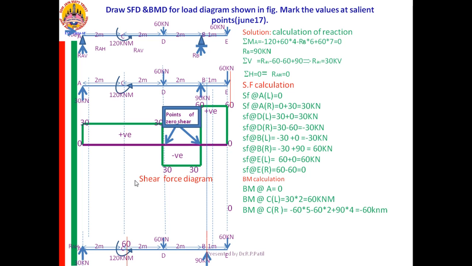Got it? Therefore, on the left of C, you are having two forces: one is the 30 kilonewton reactive force, and one more is the couple of 120 kilonewton meter. Now again, as I told, since the couple is considered and you are taking the left part, the right part is not there. You rotate the couple and hit the left part.